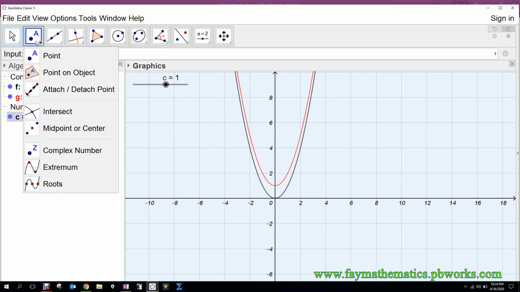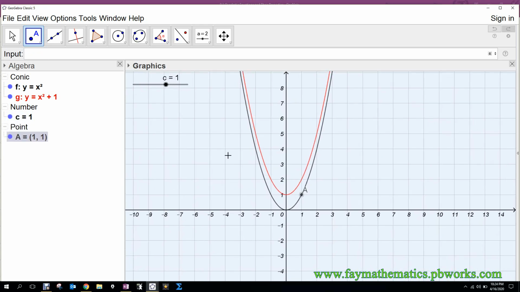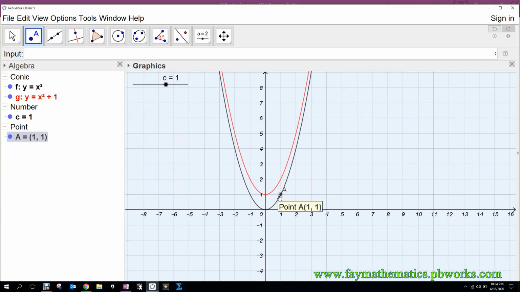If I put on some points here, let's say 1 comma f of 1. Just bear with me. I know the notation might not make sense to you right off the bat, but what that does is allow me to show you that point right there, which was on the x squared.